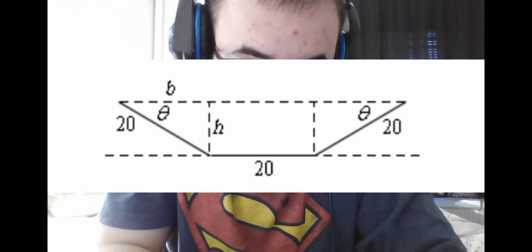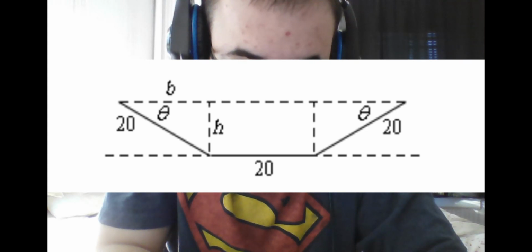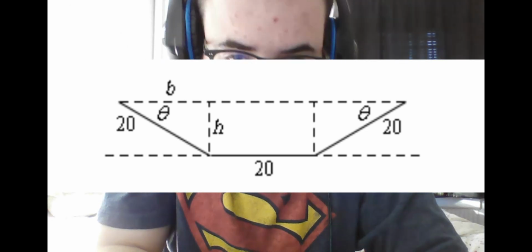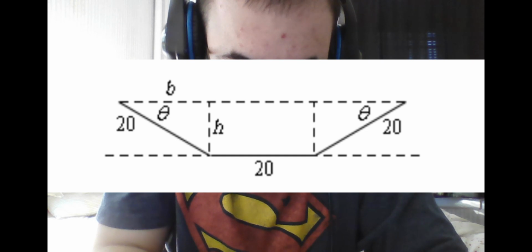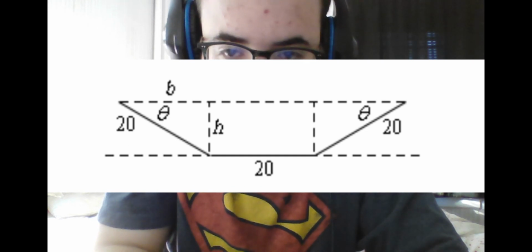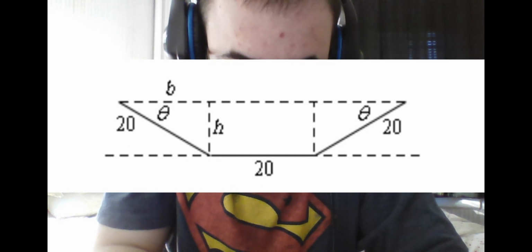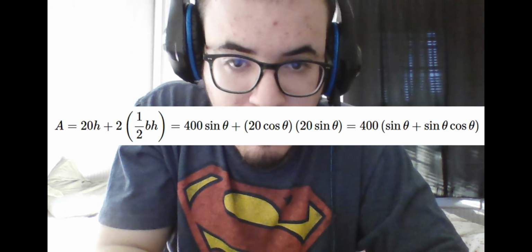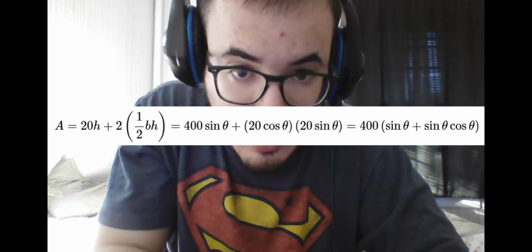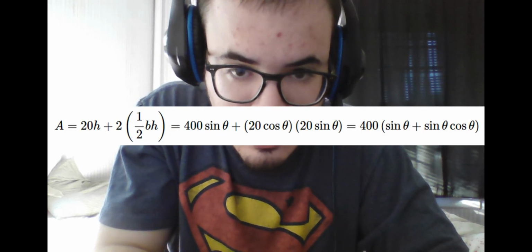In particular, we see, since the trowel has the same cross-sectional area throughout, its volume will be maximum when its cross-sectional area is maximum. So the cross-sectional area is the areas of these individual pieces. The area of the triangles in terms of trig is base equals 20, the hypotenuse, times cosine of theta.